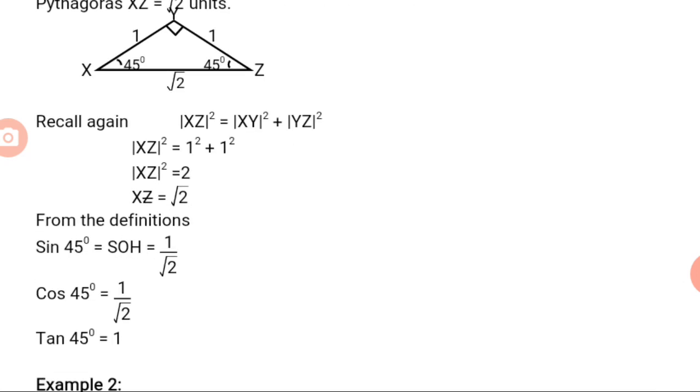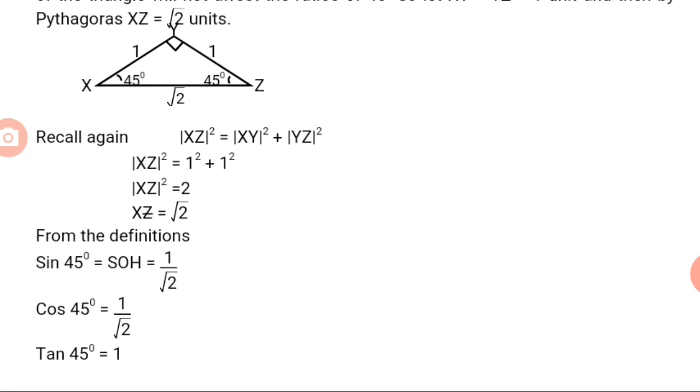From the definitions, sine 45 degrees equals SOH. Is that clear? That is from the definition. So, that is opposite all over what? All over hypotenuse. That is sine 45 degrees.